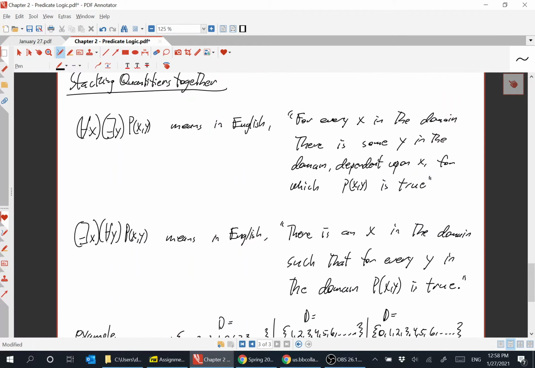Stacking quantifiers together. For all x, there exists a y, Pxy means, in English, for every x in the domain, there is a y in the domain, which depends on x, making Pxy true.